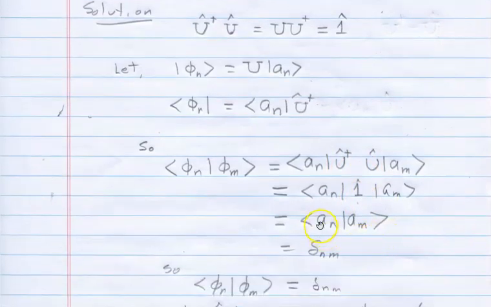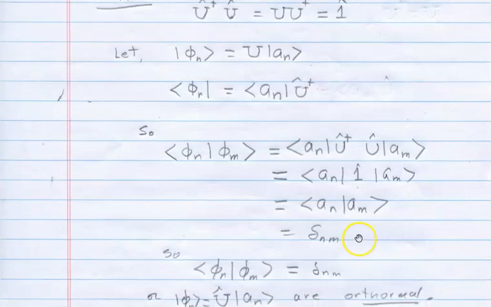And then I know these are an orthonormal basis, and so the inner product preserves the orthonormality. So the unitary transformation and change of basis is pretty powerful in that it changes one orthonormal basis set into another orthonormal basis set.